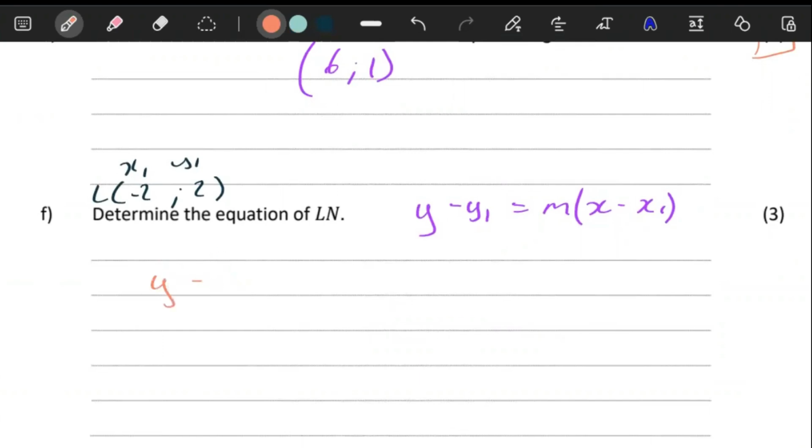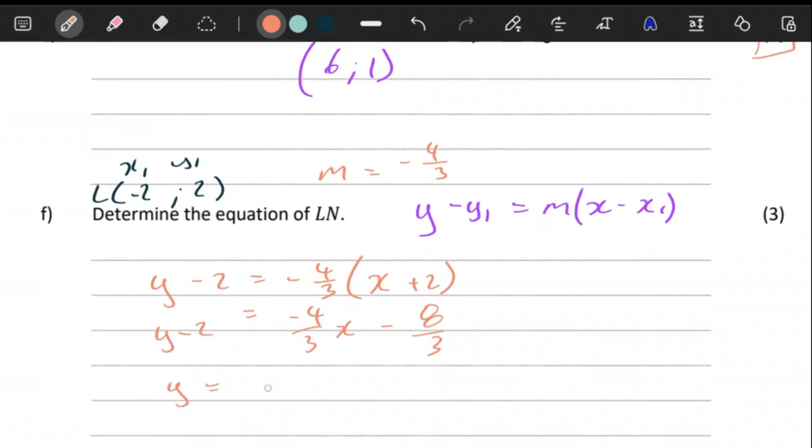Y minus y1 equals the gradient, which we have, -4/3, times x minus x1. So you put a plus. Multiply inside: -4/3 x. Multiply again, you have -8/3. Then you have y minus 2, right?